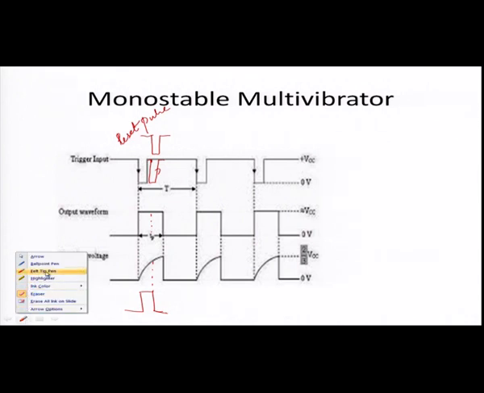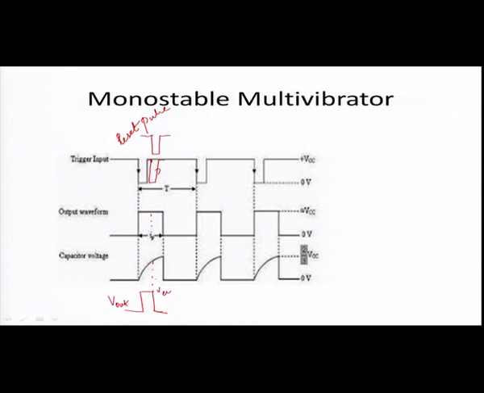So, if any negative trigger is present, as in this case, there is no change in the output, but if a reset pulse is present, then immediately the output goes to low. So, this is the importance of the reset pulse. This is Vout, this is VCC.